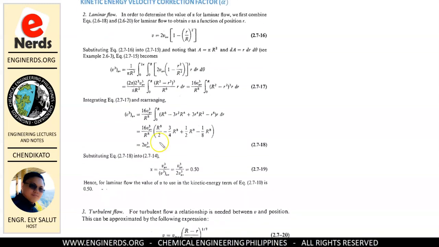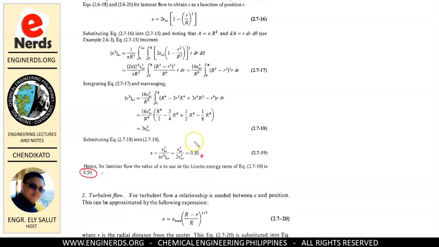So, if our flow is laminar, katulad ng nakikita natin dito, our alpha is equal to 0.5, okay, or 1/2. Okay, so, for laminar flow, the value of alpha to use in kinetic energy term for equation 2.7-10 is 0.5. Okay? So, ito yung value ng ating alpha for laminar flow.